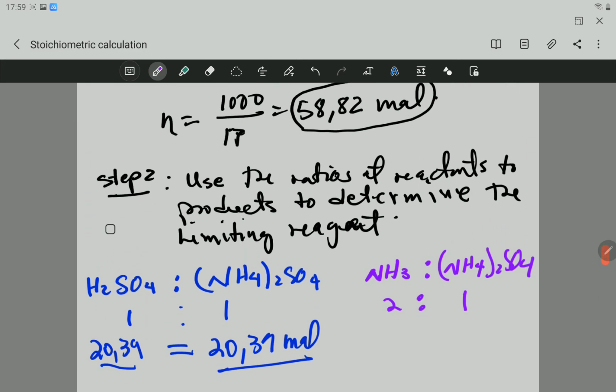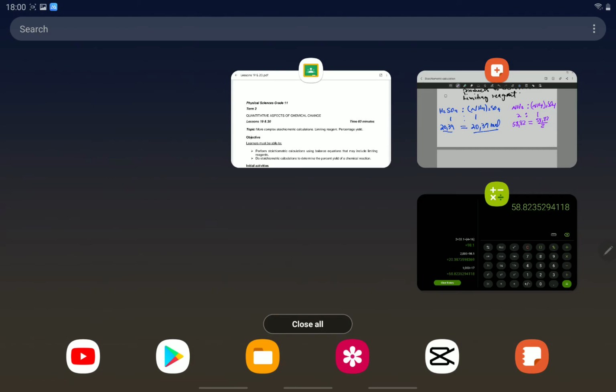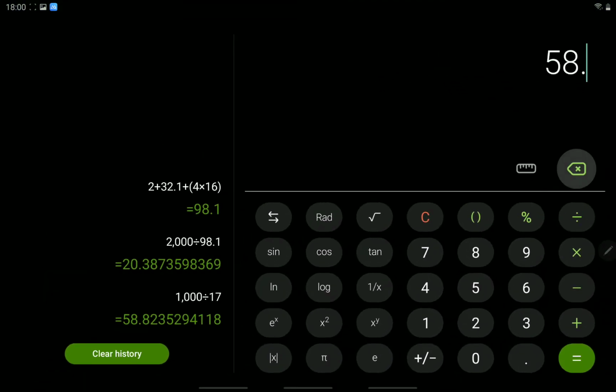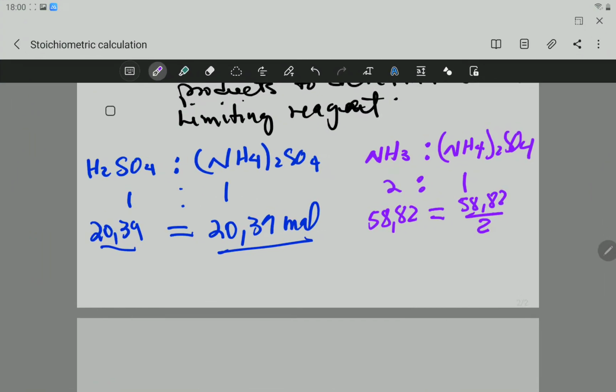So for example, when you use 58,82, you will only get 58,82 divided by 2 because it's half. Let's use the calculator: 58,82 divided by 2 is equal to 29,41.